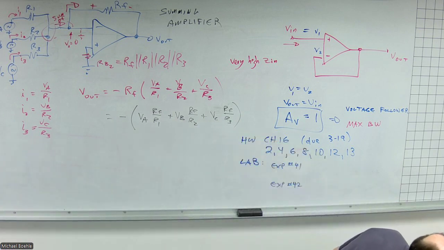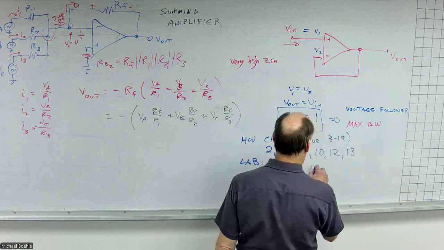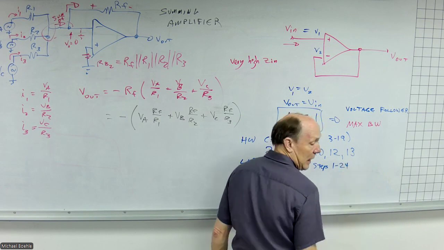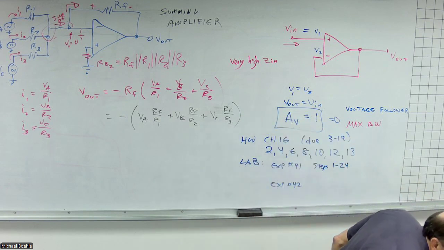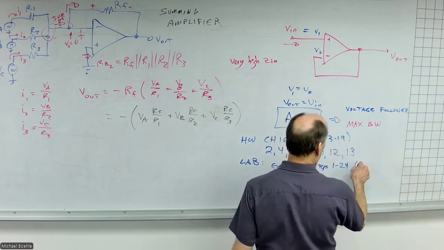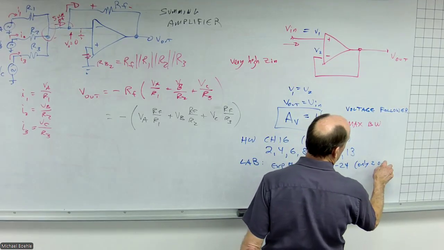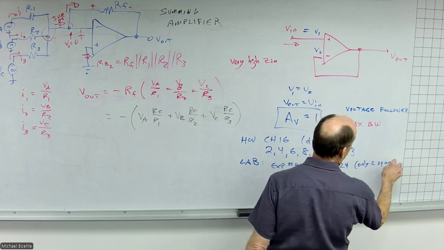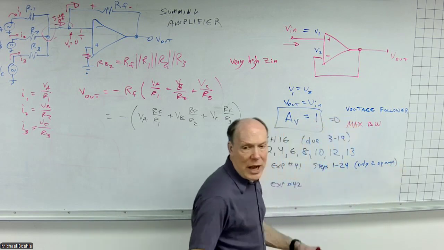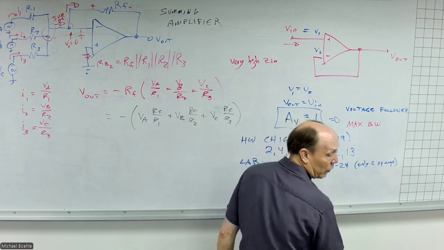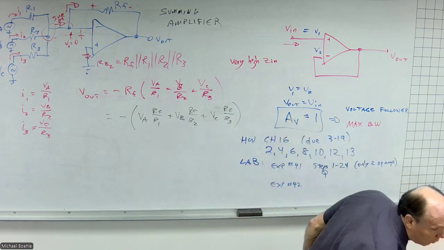So for 41, you'll do steps 1 through 24. I know that sounds like a lot, but not that bad. And you'll only do 2 op amps. I think the lab says 3. Just do 2, just so you have a comparison. And you'll answer questions 1 through 9.